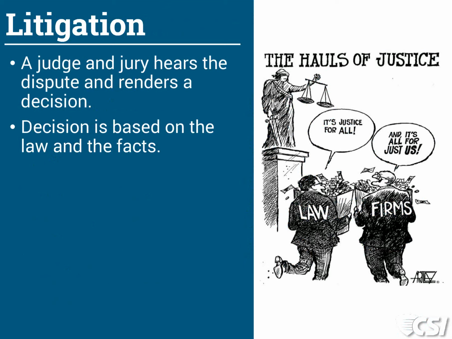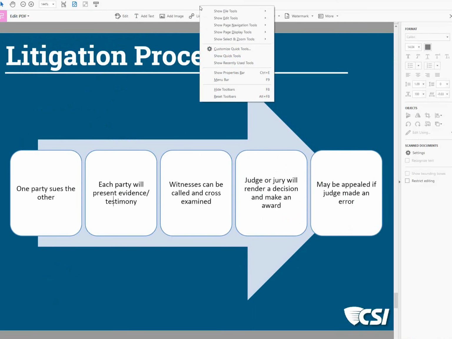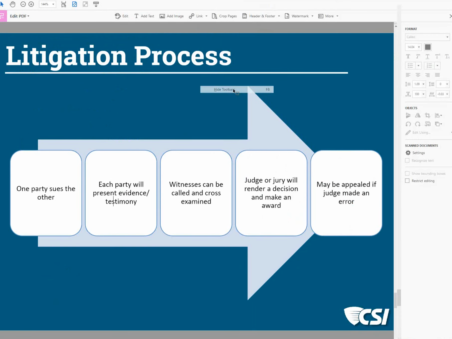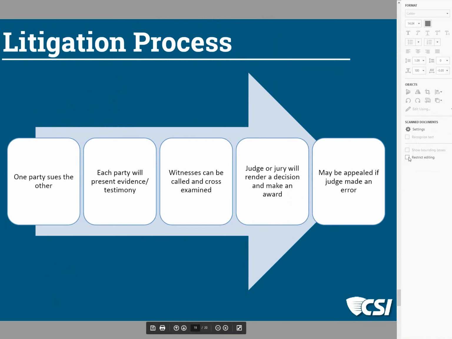So what happens here in litigation is one party sues another party. Each party then has an opportunity to go to court to present their evidence and their testimony, their perspective, their side of the story. And in that process, just like in arbitration, witnesses can be called, subpoenas, a very different thing in the legal system, are issued, and people are called to be cross-examined or to give testimony.